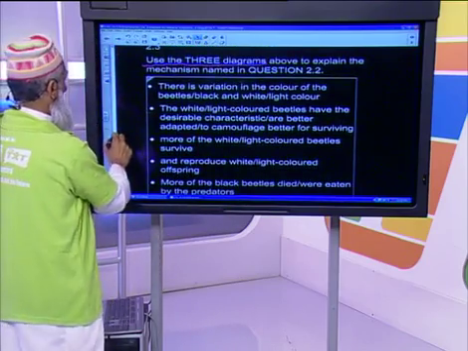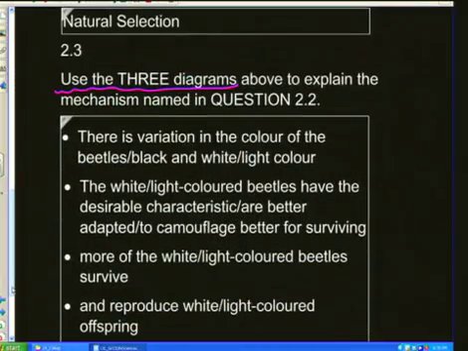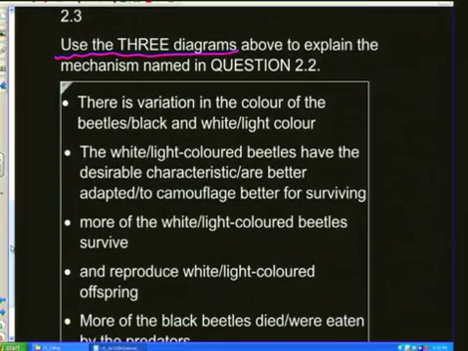So first of all, in the first diagram, we can see that there is variation among the different beetles. Why? Because they are different colors. Some are darker, some are lighter. From the results, we will be able to say that the white or light colored beetles have the desirable characteristics or are better, not adapted, but I would rather use the words better suited.